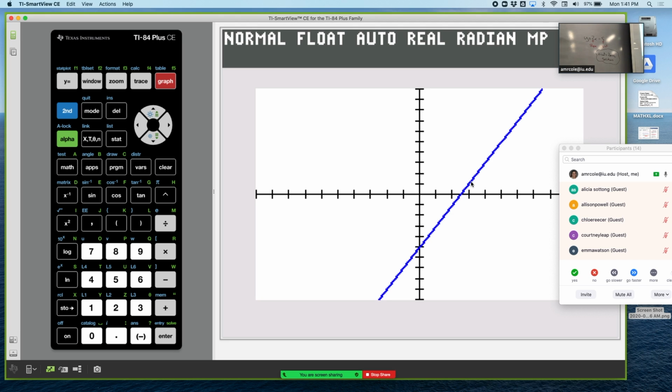Now, let's do this. If it's a solution, I should be able to solve the equation and come up with the answer, right? Right now I can't solve that equation because I have an X and a Y in there.